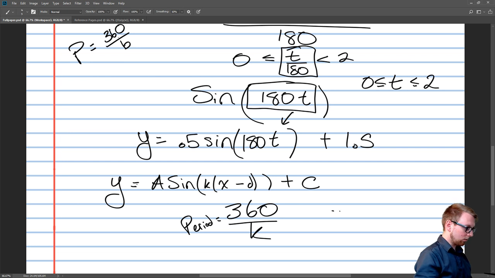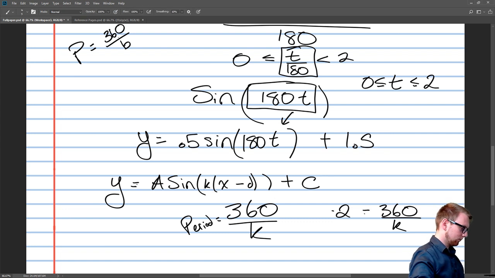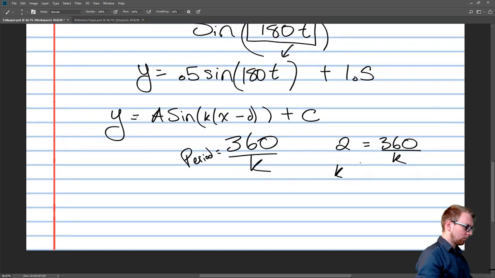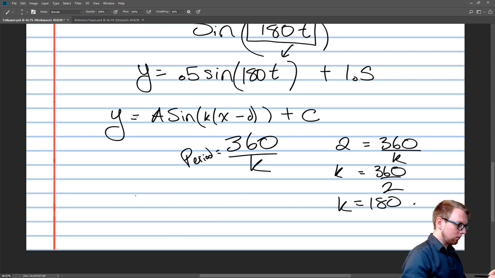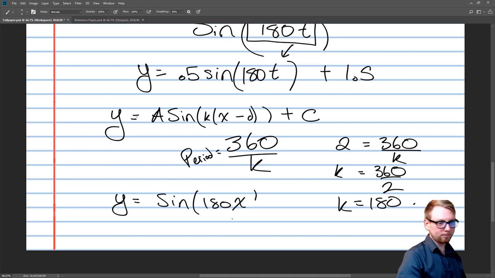So 2 is equal to 360 divided by k. Okay, so k is equal to 360 divided by 2, so k is equal to 180. So when you write your formula, y equals sine of 180 times x.